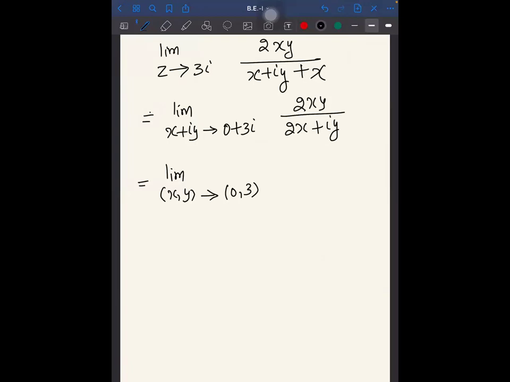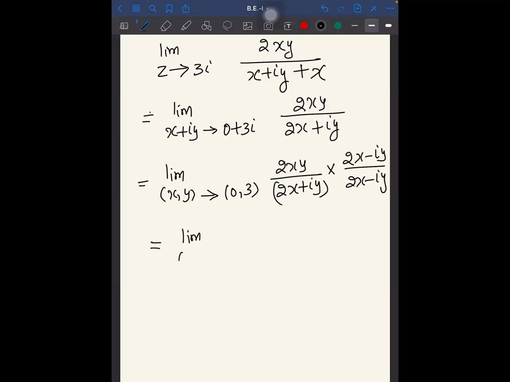Yes, sir. So you will have to solve this expression. So how are you going to do it? 2xy upon 2x plus iota y, into 2x minus iota y upon 2x minus iota y.